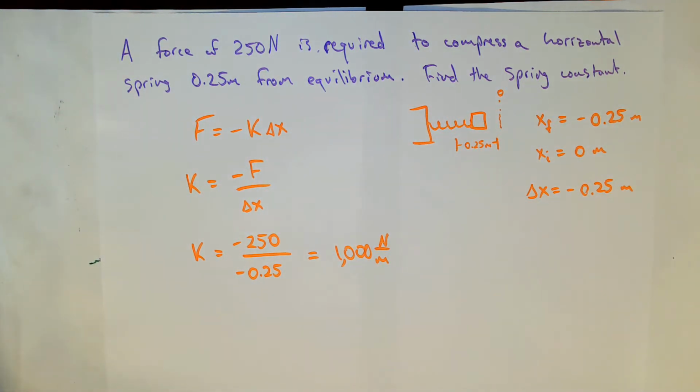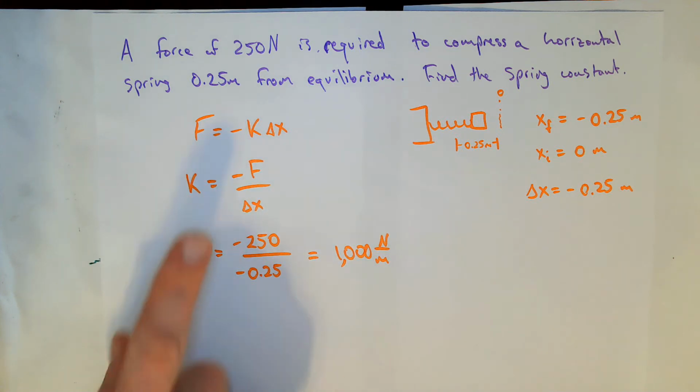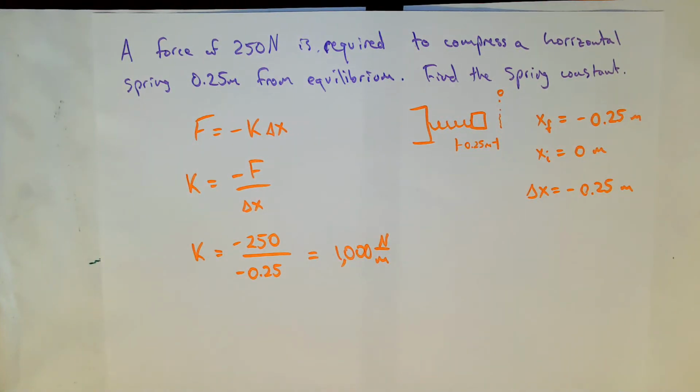It's 1,000 newtons per meter. So that's a super strong spring, which makes sense because that force is pretty large, 250 newtons, and only to compress it a quarter of a meter. Okay, so that's just using Hooke's law, F equals negative k delta x.